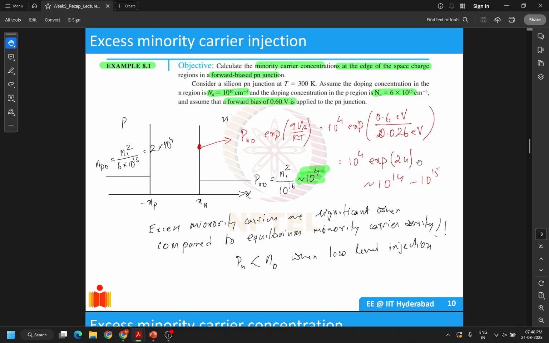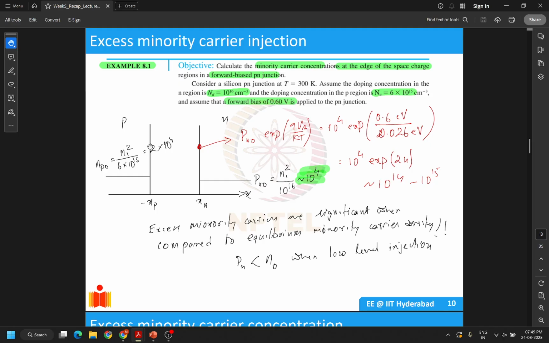If you take the exponential of this and multiply it with 10 power 4, you get approximately 1 into 10 power 14. So the carrier concentration of holes at the edge of the n region is 10 power 14.